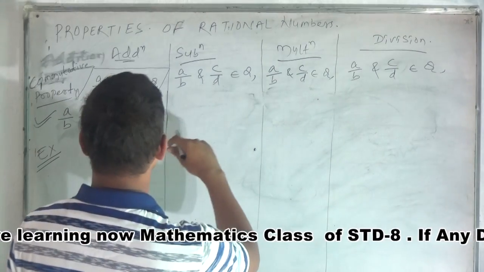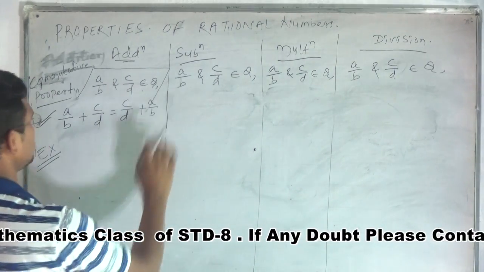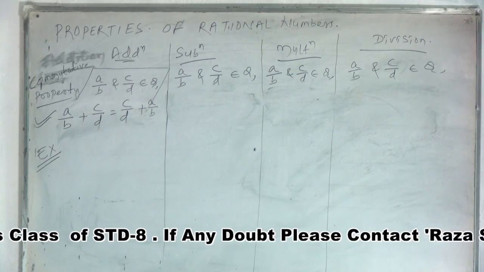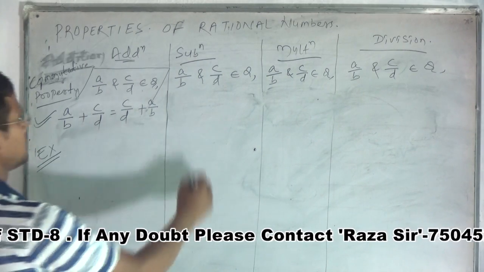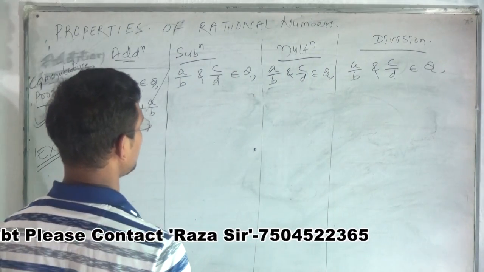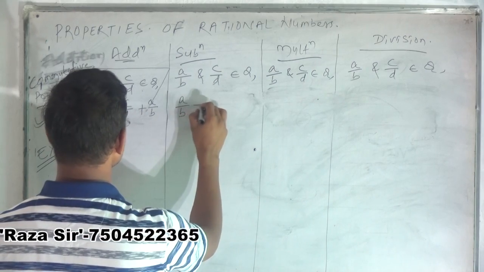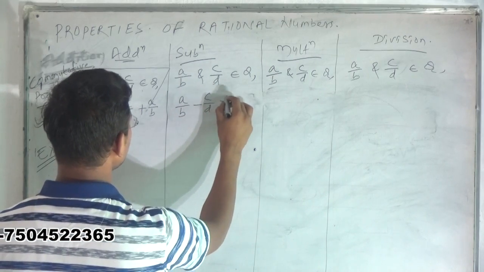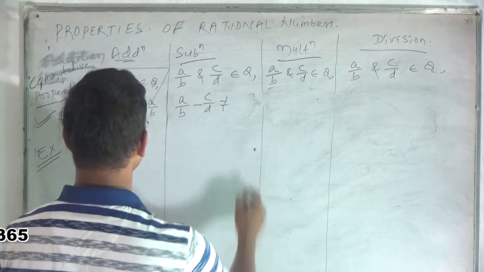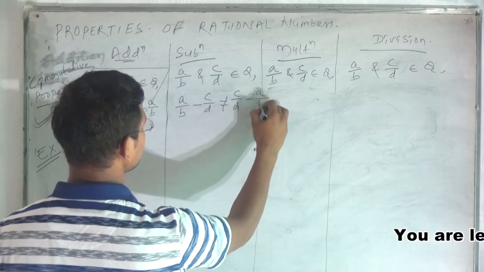Then another thing, in the subtraction of rational numbers in the commutative property, if we take a by b and c by d belonging to rational numbers, then a by b minus c by d is not equal to c by d minus a by b.